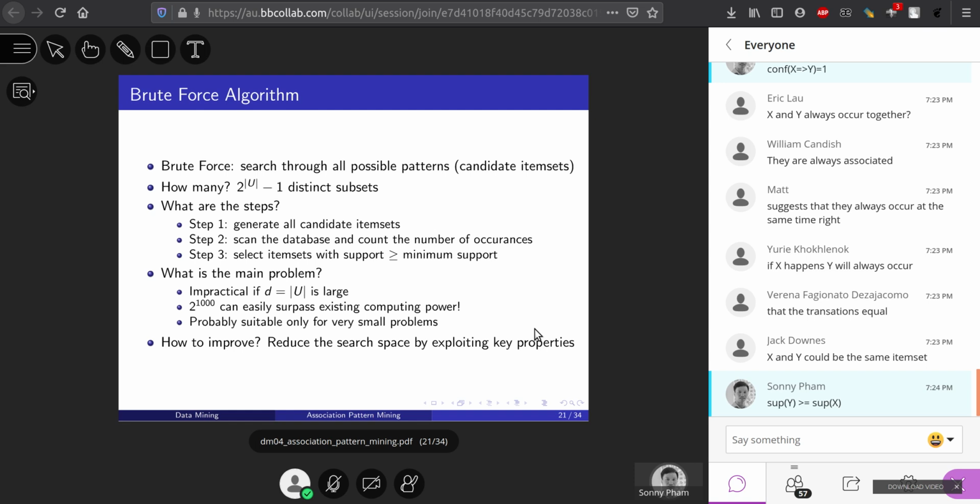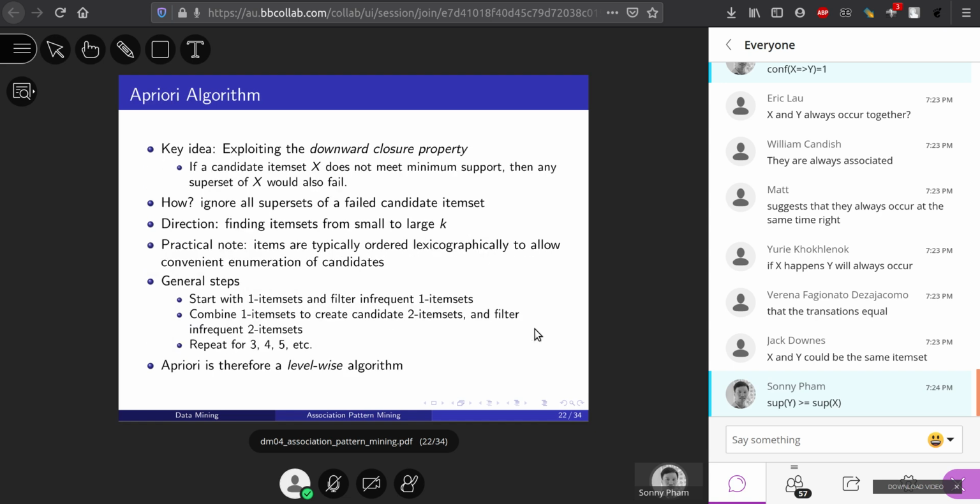So how can we come up with algorithms that perform better regardless of the size? One of the very early algorithms in this area is called the a priori algorithm. It exploits a downward closure property, like what I said earlier.